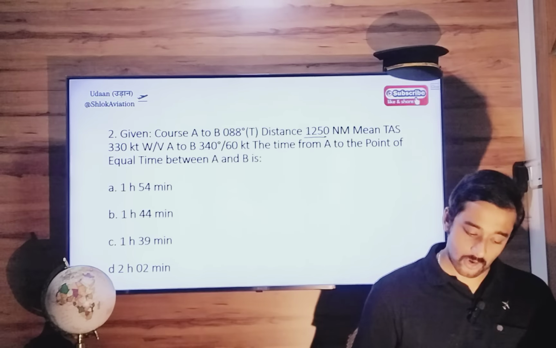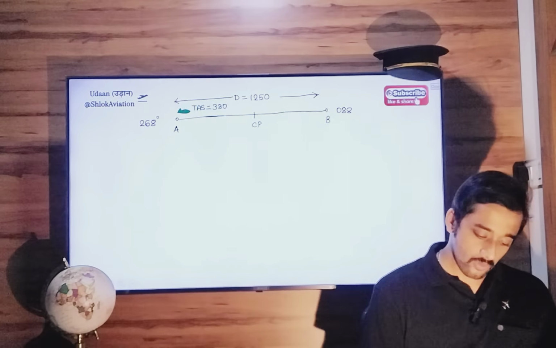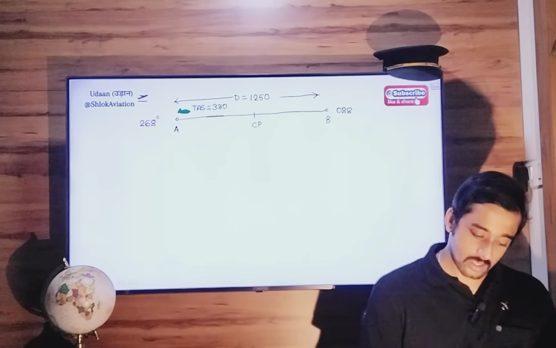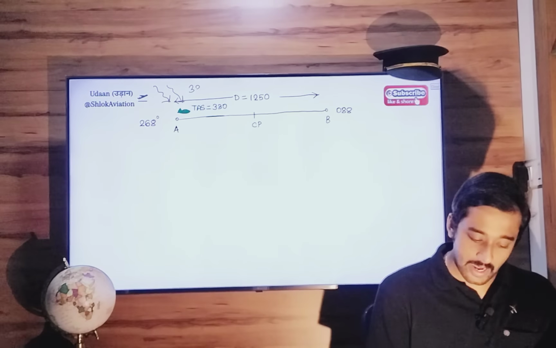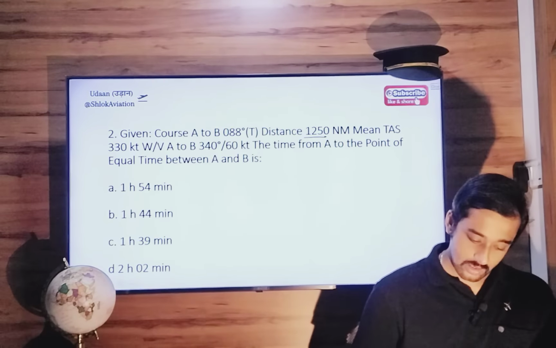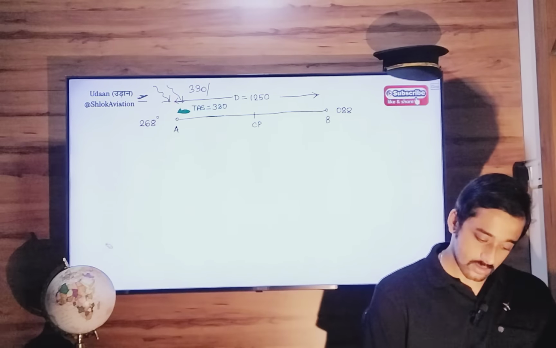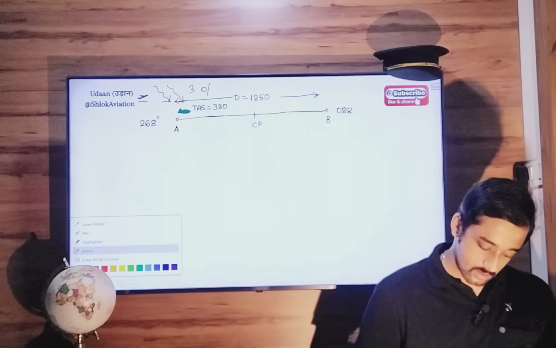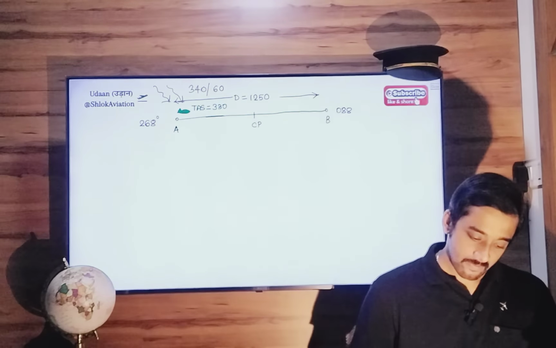And winds are coming from 340 at 60 knots.